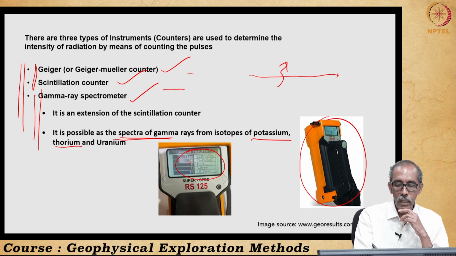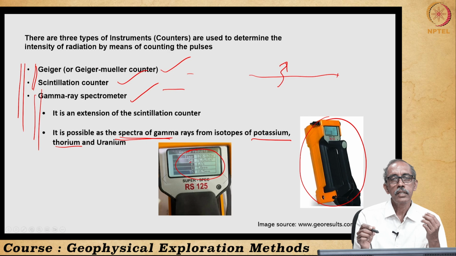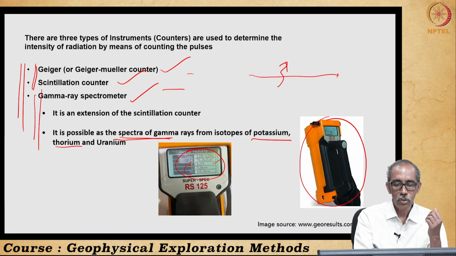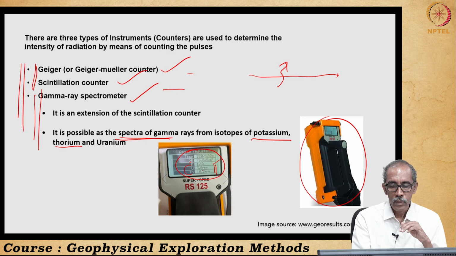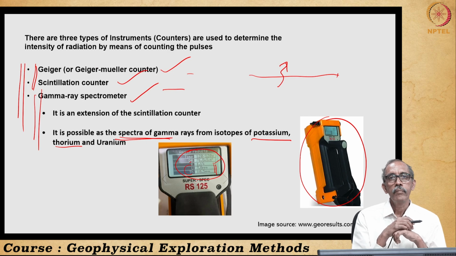In the case of potassium, the radiation will be very less, so it is given in percentage. And in the case of uranium and thorium, you can see approximately the soil beneath the surface has about 4 milligram per kg of uranium, about 10.3 milligram per kg of thorium, right.